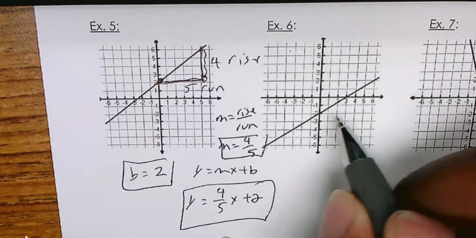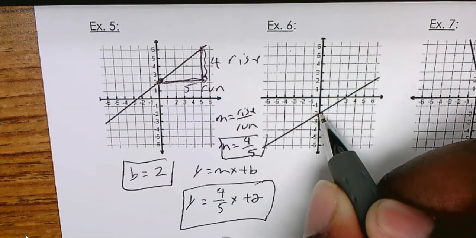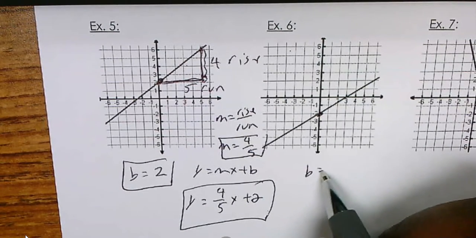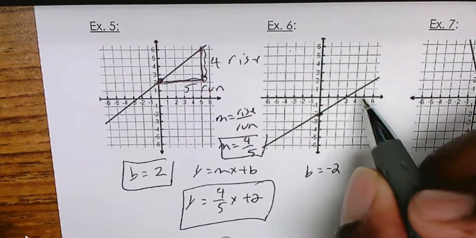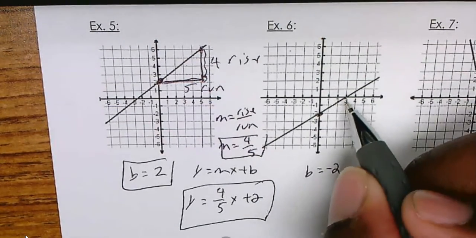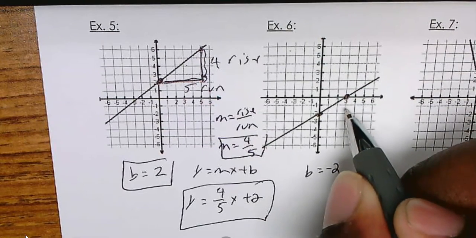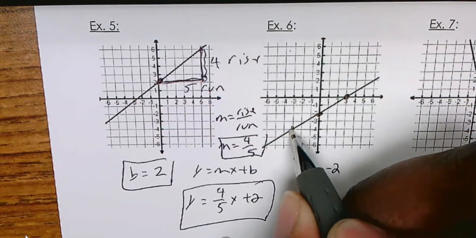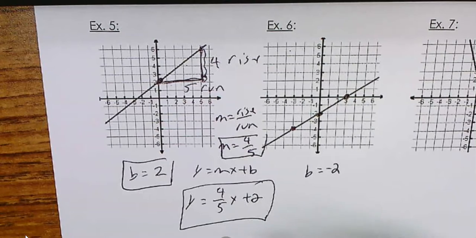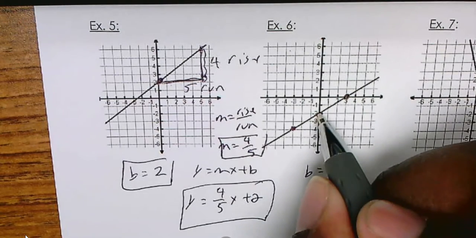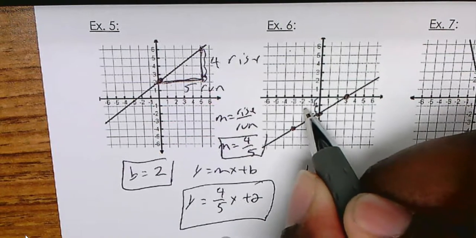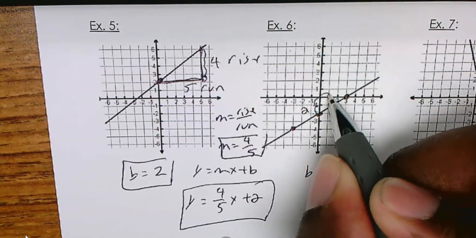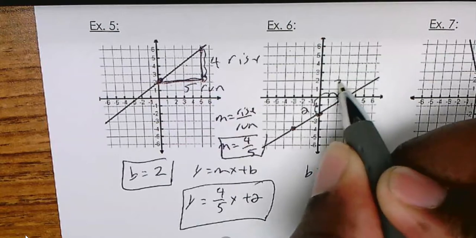If I want to write the equation for this line, I can find my y-intercept. So I know b is negative 2. And I need to find another good point. And I'm going to choose this one. You could have chosen this one. Either way, we have a good point. So if I did that, I would rise 1, 2, and I went over 1, 2, 3.